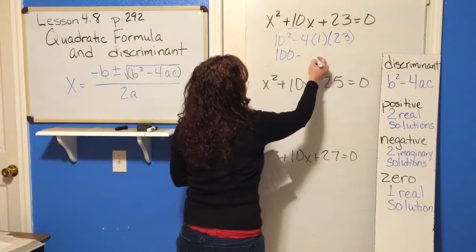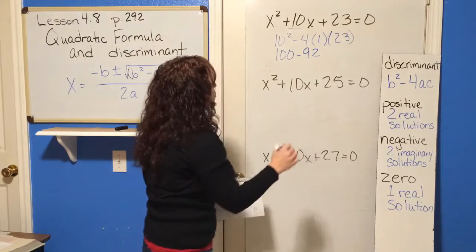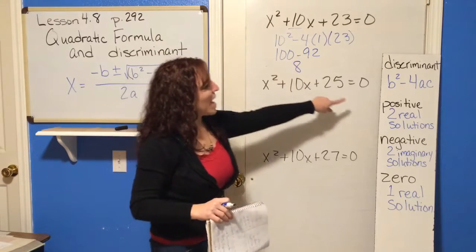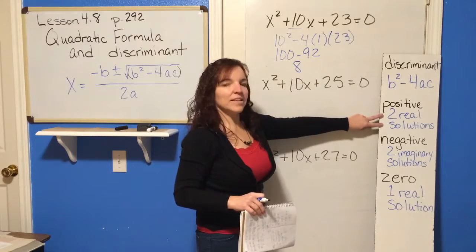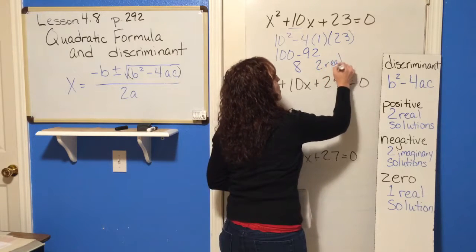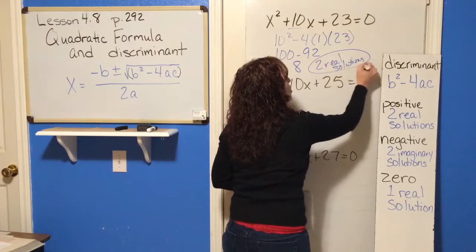And 4 times 23 is 92. So 100 minus 92 is 8. That answer is positive. So I'm going to end up with two real solutions. And that's all I wanted to know on that.